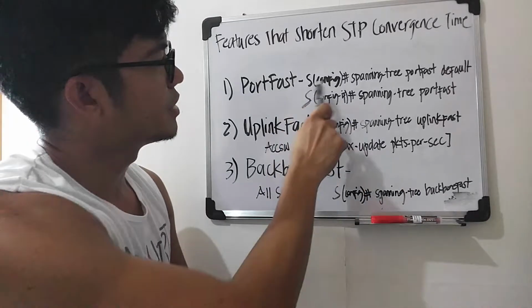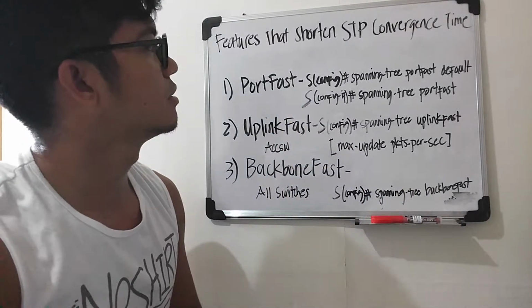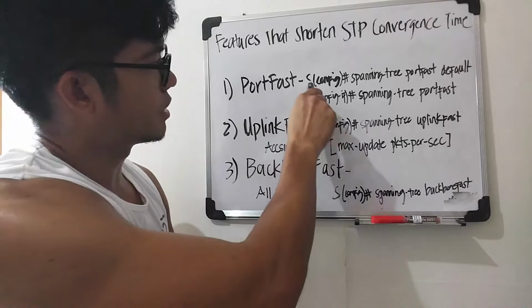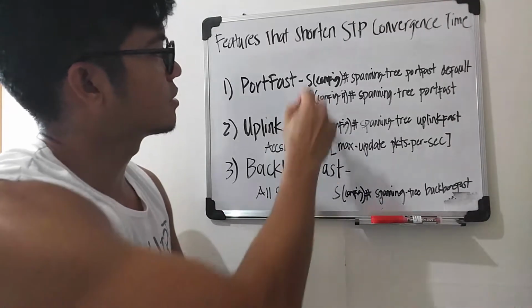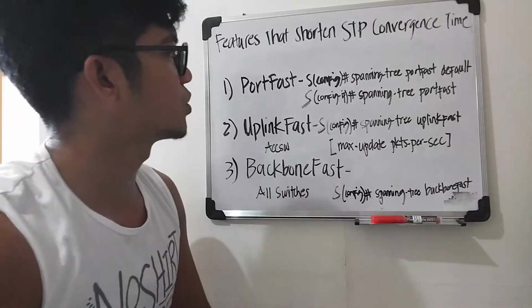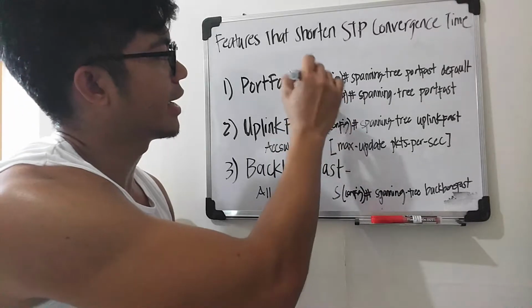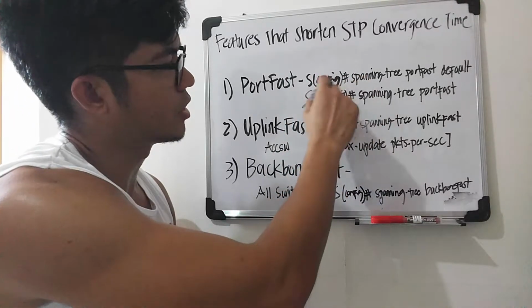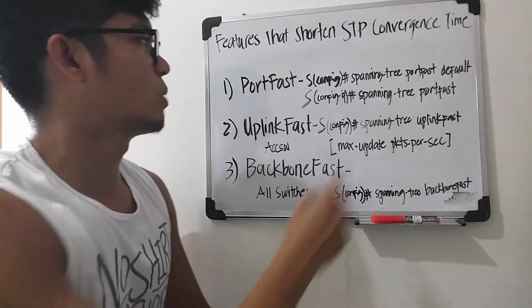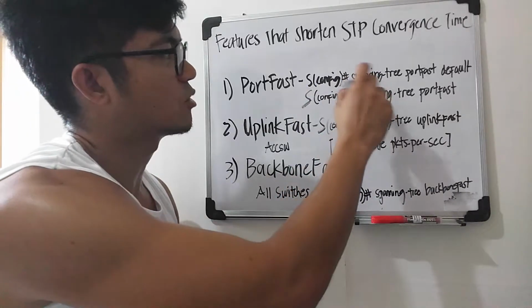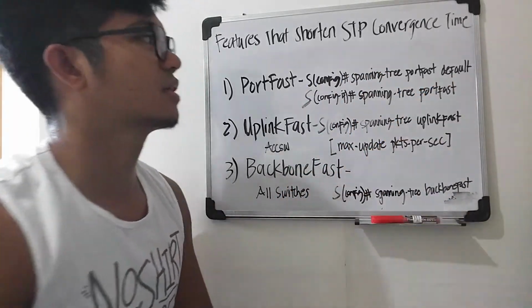So here's an example of the command. I just wrote S for switch. So S config, global configuration. The actual command is spanning-tree portfast default.